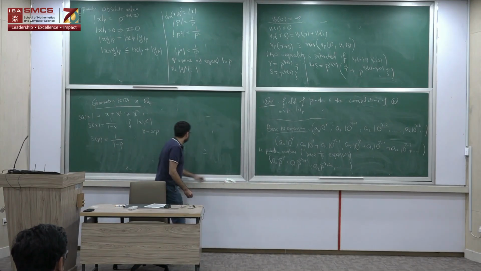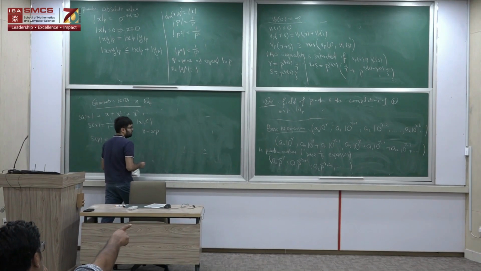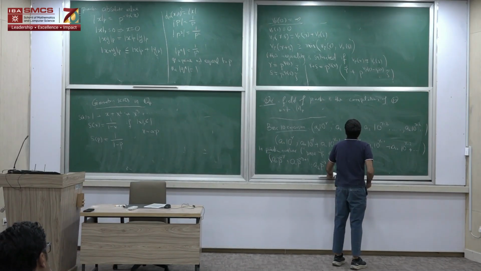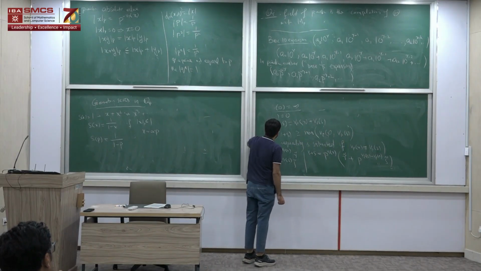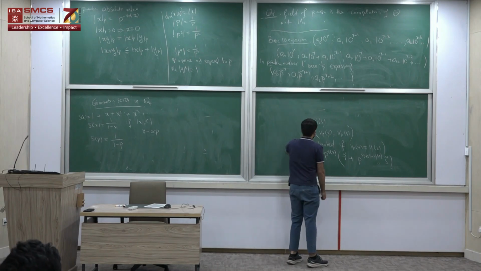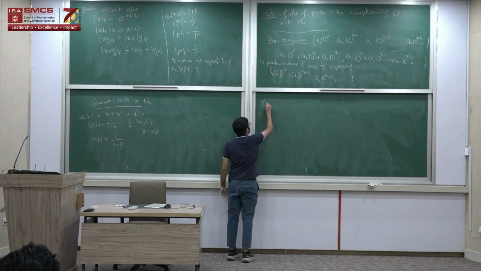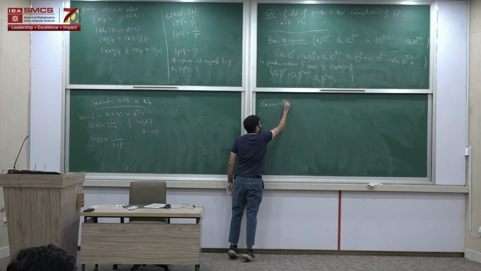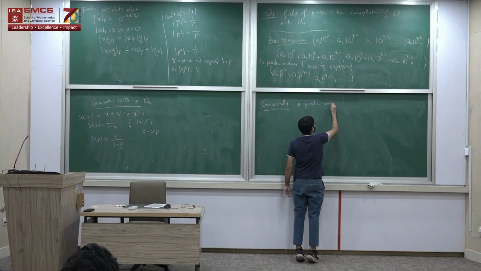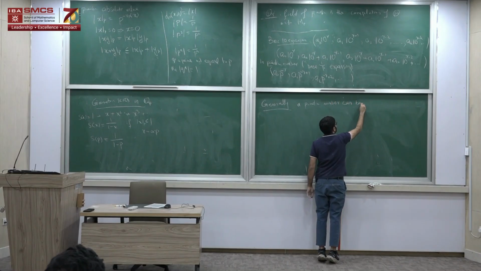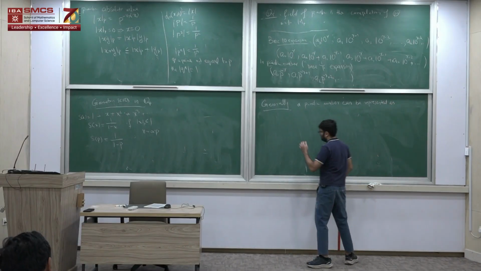But otherwise, generally, a p-adic number can be represented as a series, and the series will look like this.